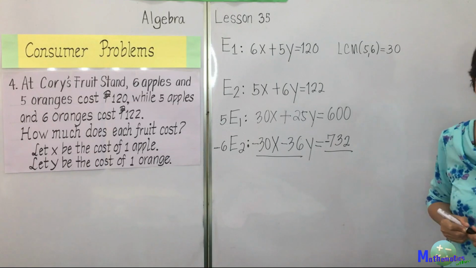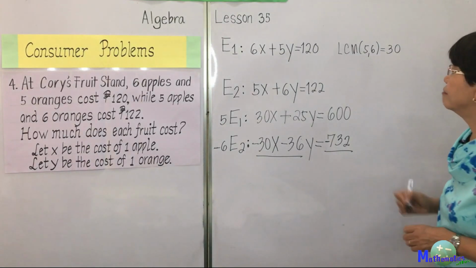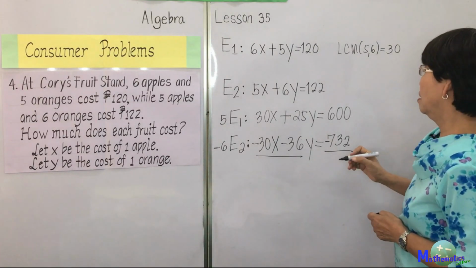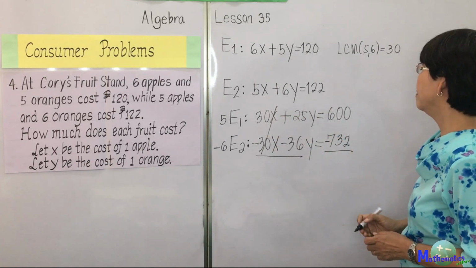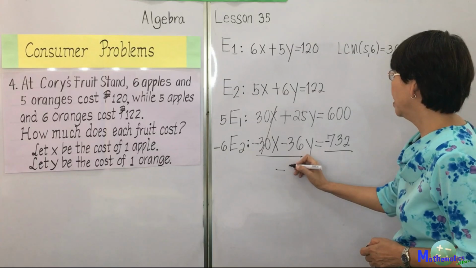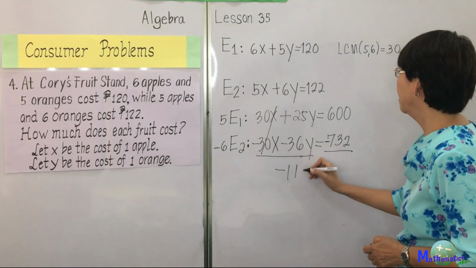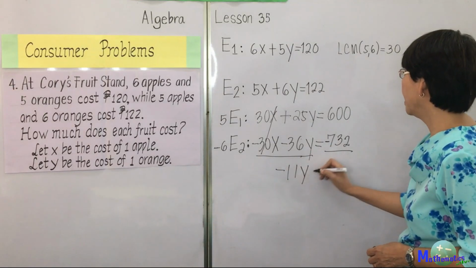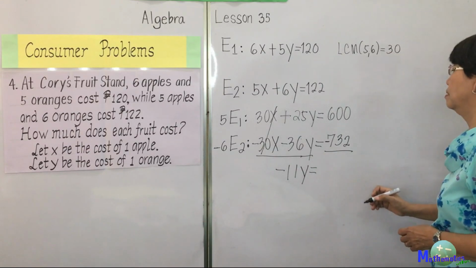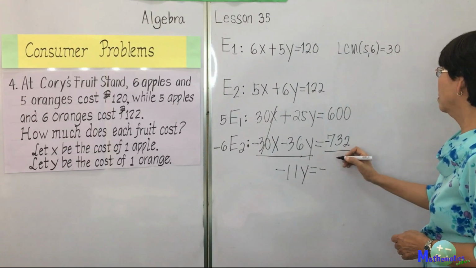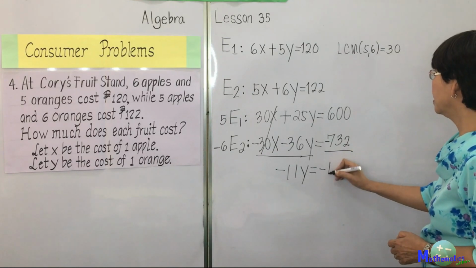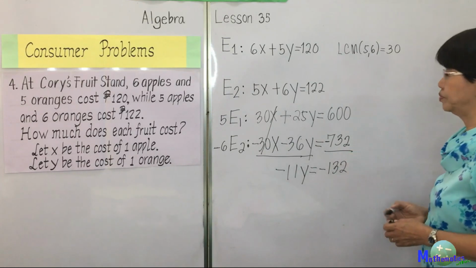Then adding the two equations, we have 0 here, and then negative 11y is equal to negative 132.